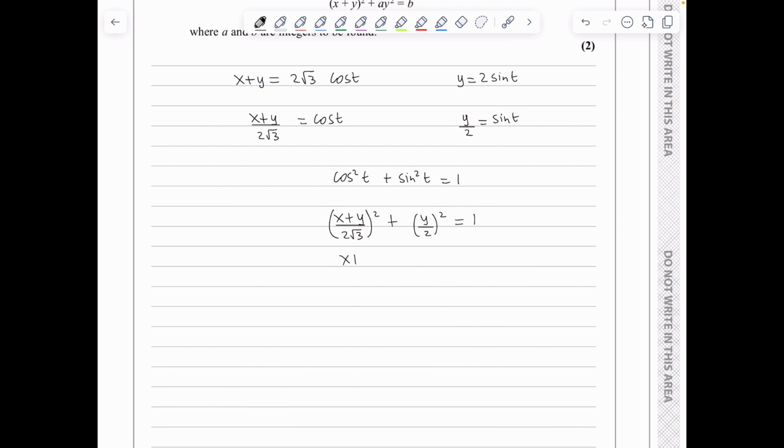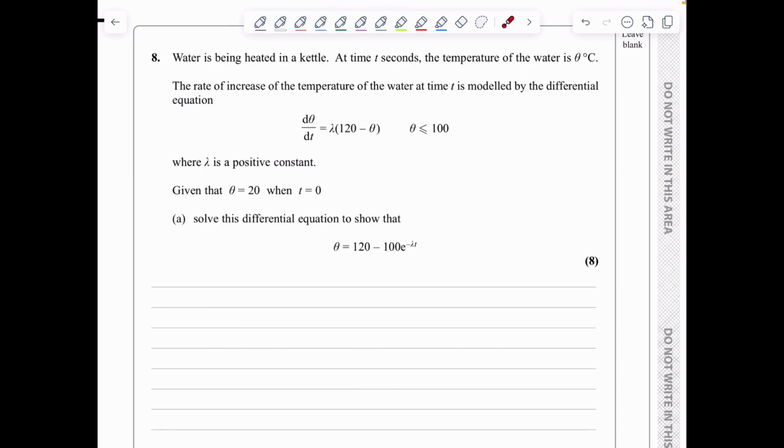So we've got (x plus y) to the power of 2 over 12 plus y squared over 4 is equal to 1. I will multiply throughout by 12, leading to (x plus y) squared plus 3y squared is equal to 12.